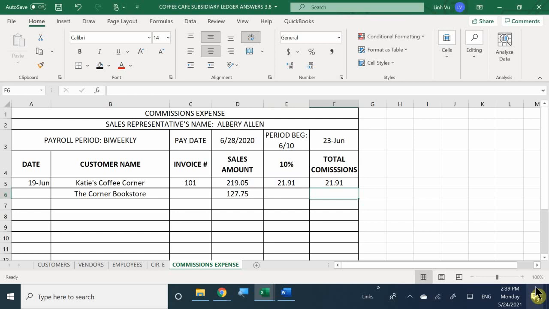All right, what's next? Now, since we sold regular Supreme coffee, we have to do our cost of goods sold. There's one more thing we need to do.